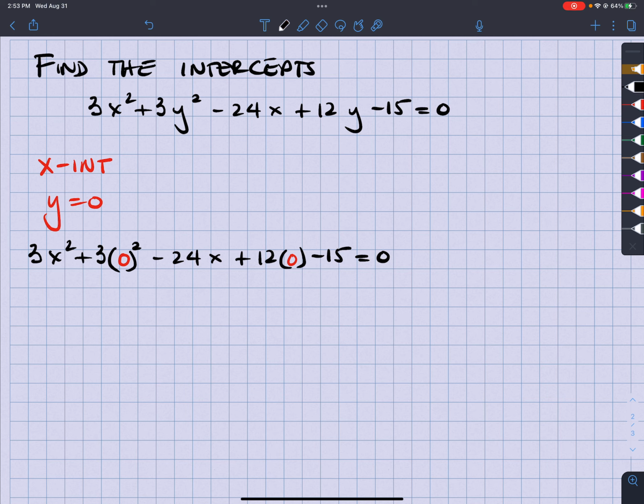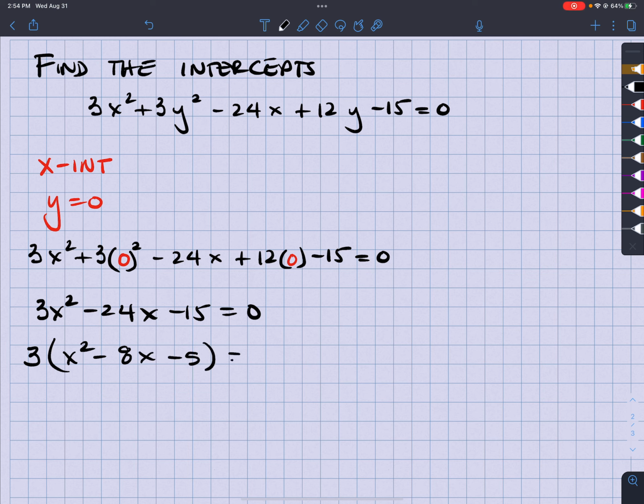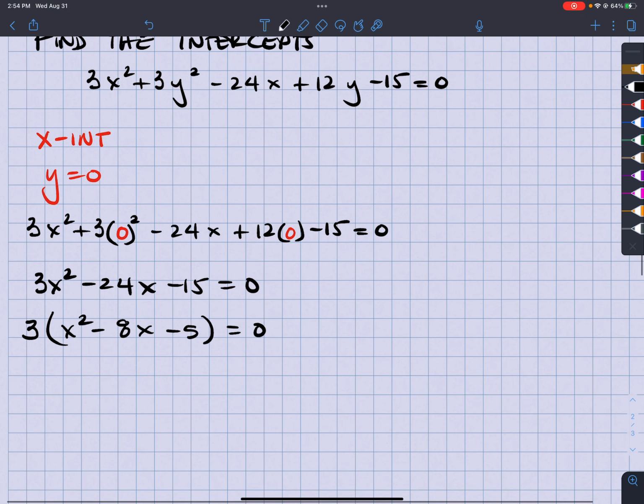That means I'm going to have left 3x squared minus 24x minus 15 is equal to 0. So I got a GCF of 3, leaving x squared minus 8x minus 5 is equal to 0. I'm unable to factor here, right? You guys see that? I'm unable to factor.